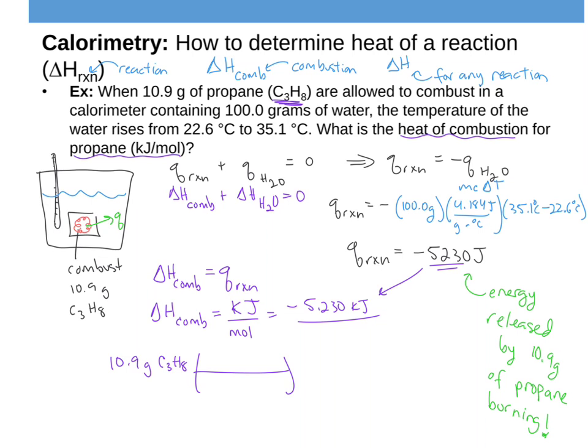And if you add up those 3 carbons and those 8 hydrogens, you'll see that it weighs 44.01 grams per mole. And so that's going to tell you that in that 10.9 grams, it's 0.248 moles. So that's what I'd put down here.